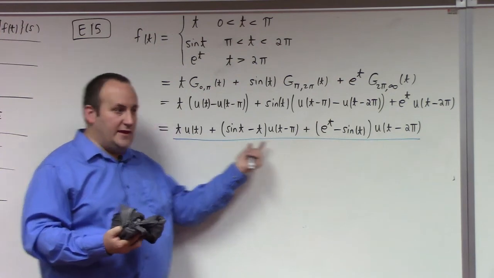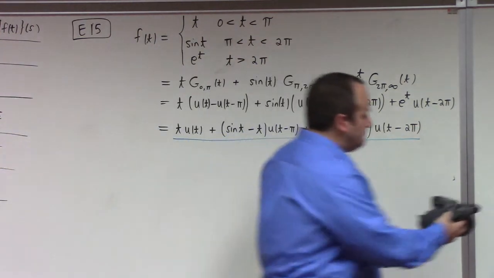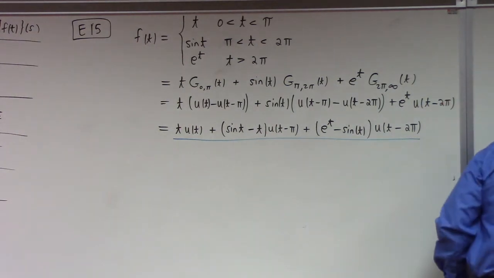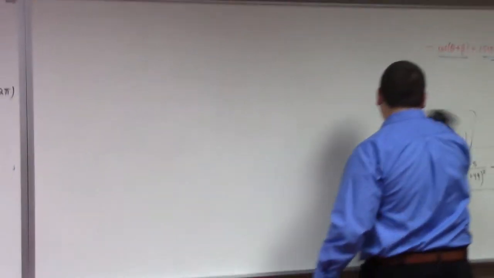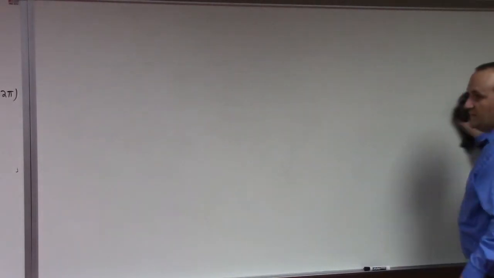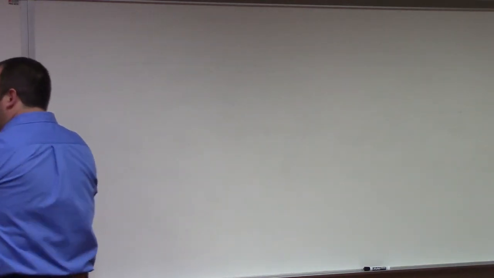If I can understand that generically, then I can use linearity to take the transform of this. So a good example of where abstraction pays off big time. It's much easier to derive the theorem for an arbitrary function and an arbitrary unit step function than it would be to derive it for any of these specific ones.